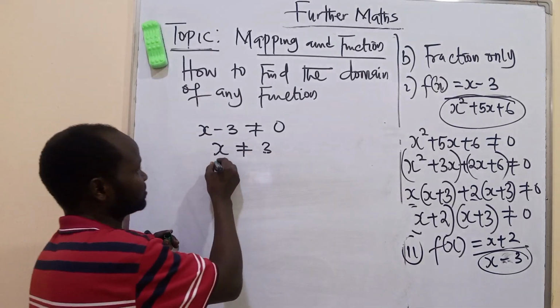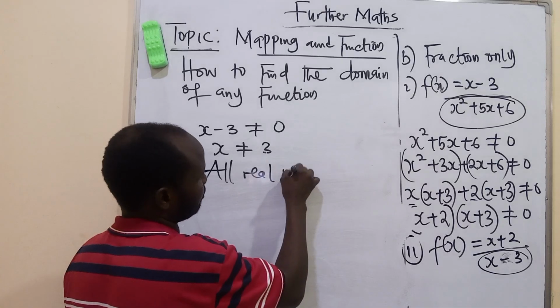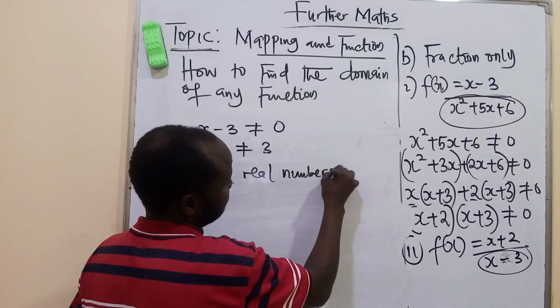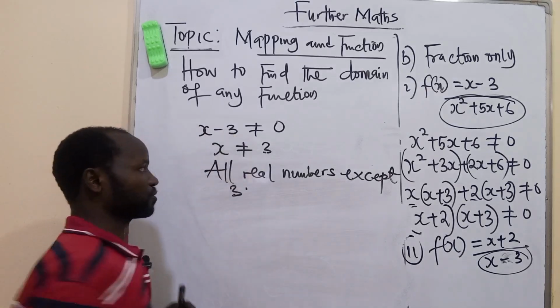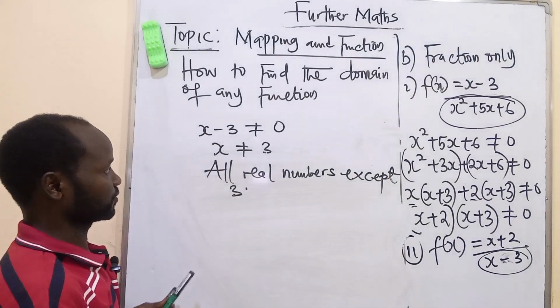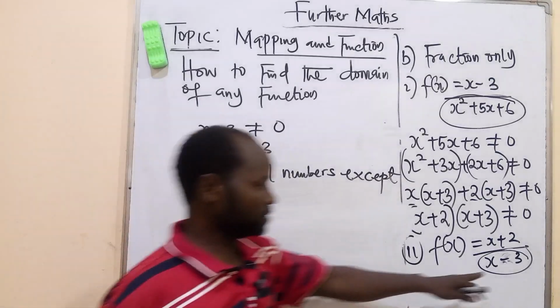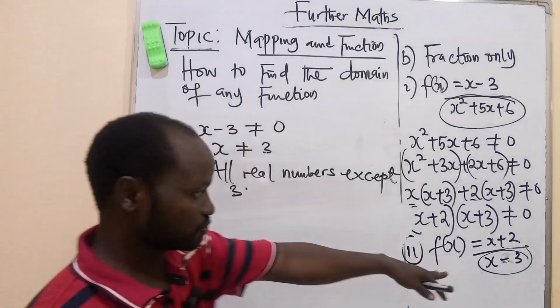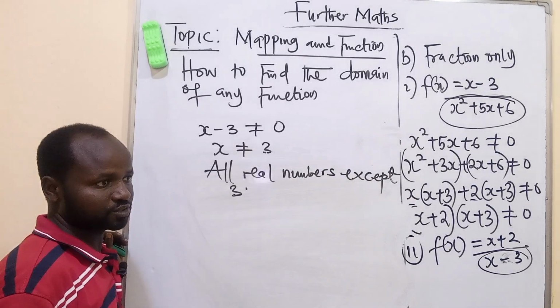So we can write it as all real numbers except 3. It means any number that we plug into this function will make the function defined except 3. 3 is not included.